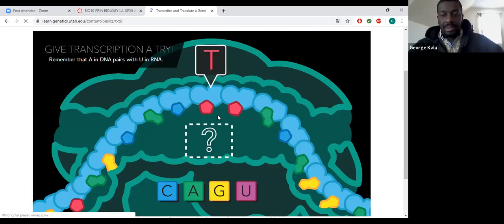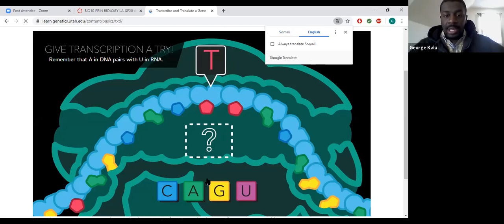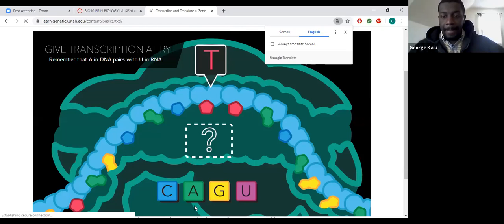All right, so now we have our gene that we're ready to transcribe. Here we have our DNA sequence, and we need to add the correct RNA nucleotide. If we have a T here, what is going to be the correct RNA nucleotide? C, A, G, or U. A, exactly. Perfect. So we're going to add an A there.